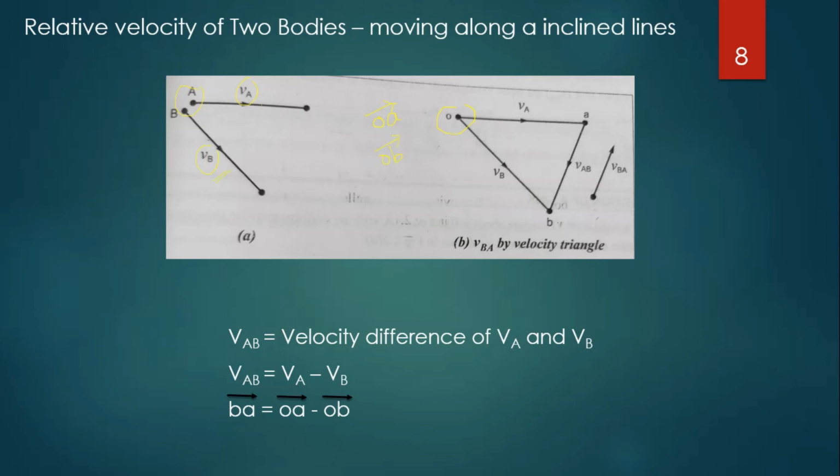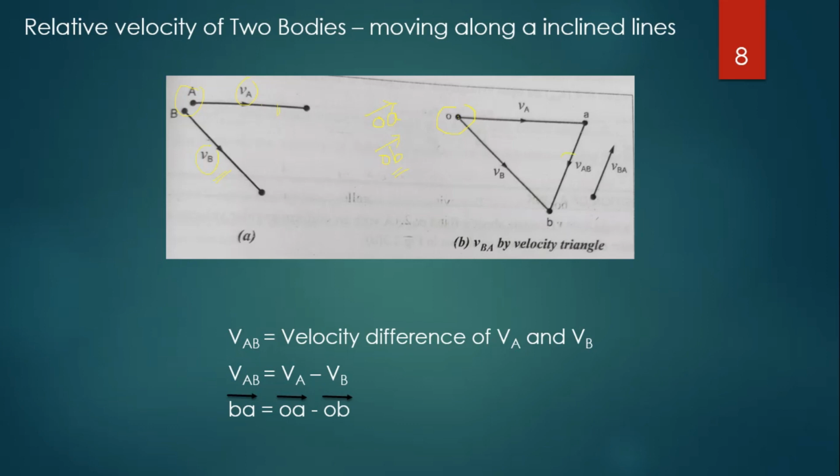So from the same fixed point O we draw the vector OA parallel to VA and the vector OB parallel to the velocity VB, with some suitable scale. Then join AB to get the velocity triangle.